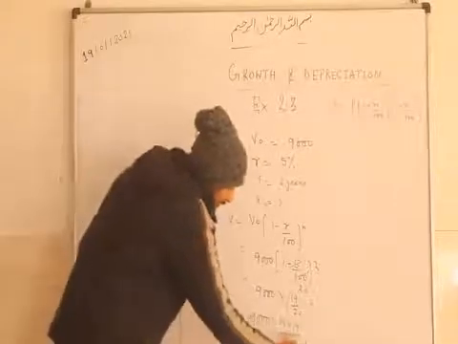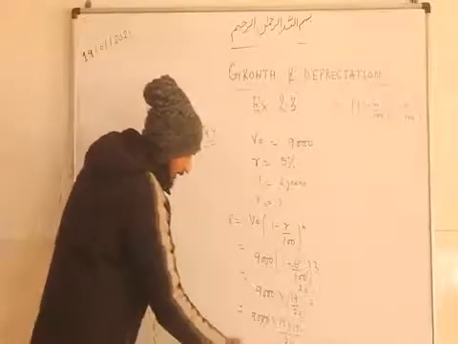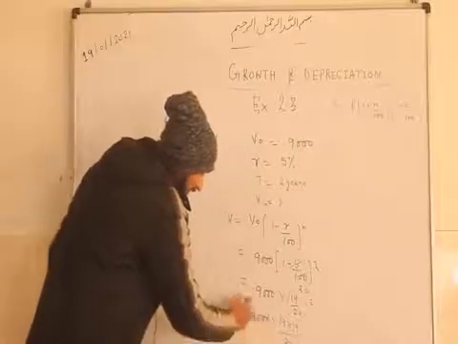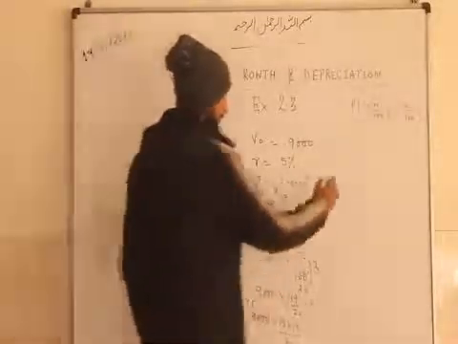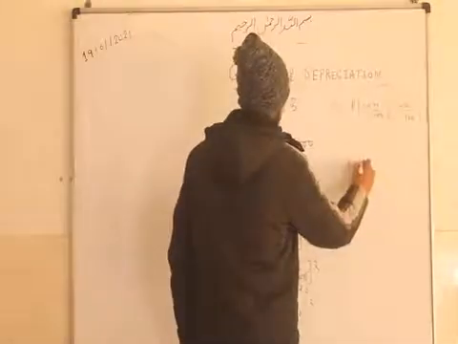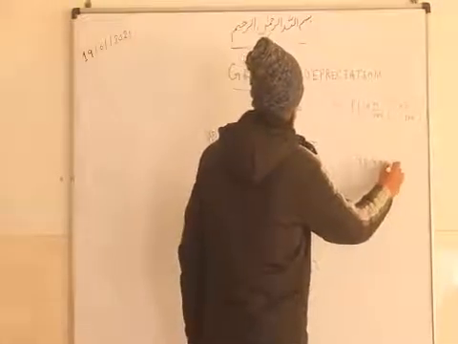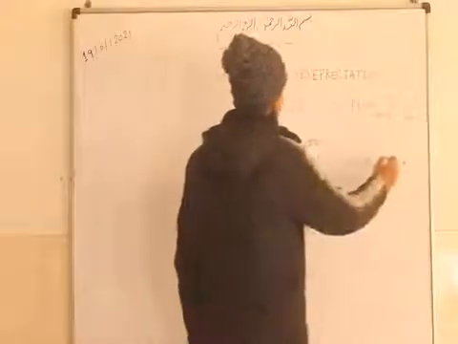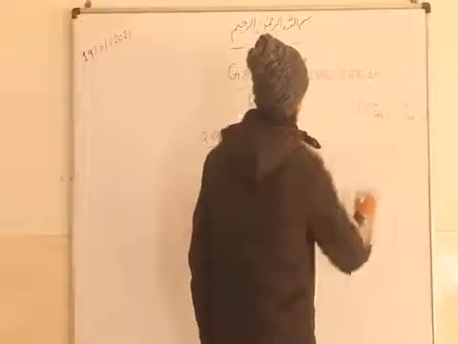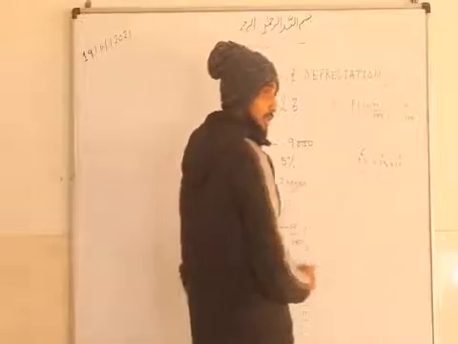These two zeros will cancel out like this, and this is 45, and this is 2. So the final value is coming as 45 into 19 into 19 divided by 2. First we multiply all the values, and at last we divide by 2.